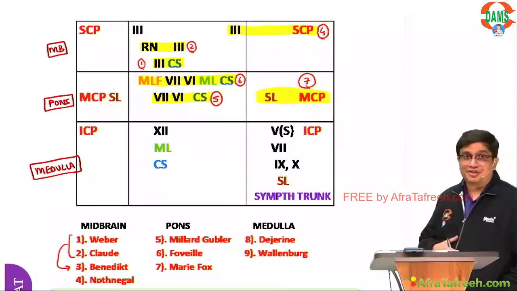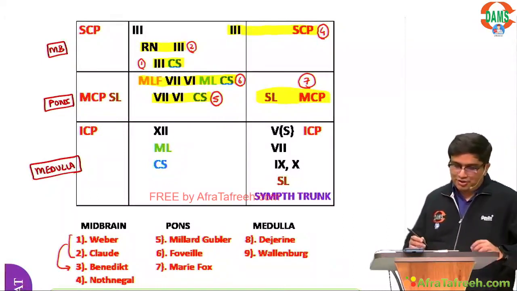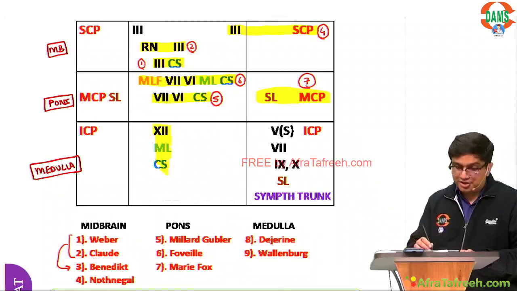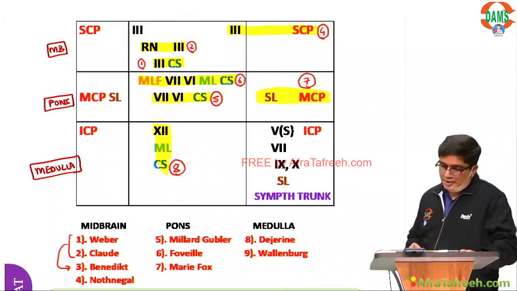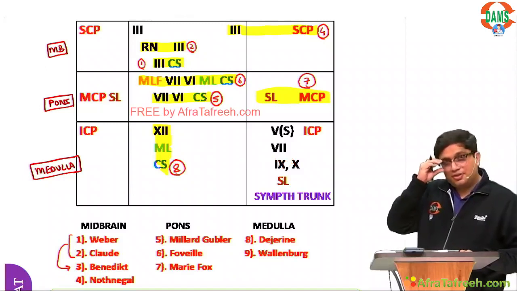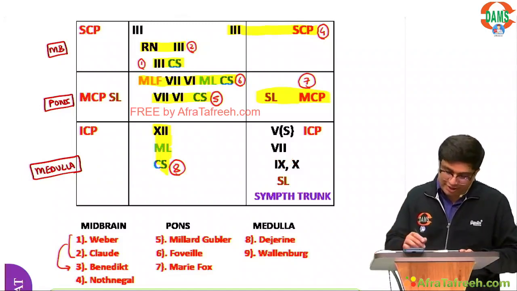And then we have with us the medullary syndrome. That's very simple. The 12th cranial nerve, medial lemniscus, and the corticospinal all together. The French name, the Dejerine syndrome, number 8. We have the sensory of the 5th part, 7th, although they include, but it's not very correct. 8th should be written as 8.